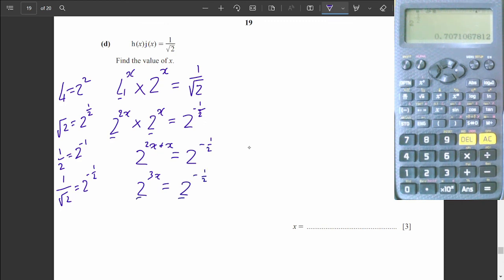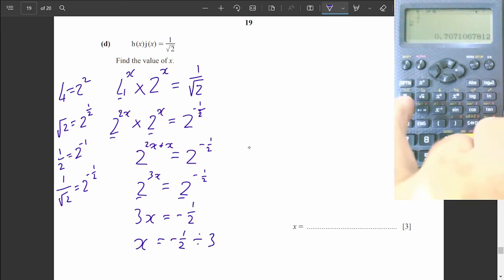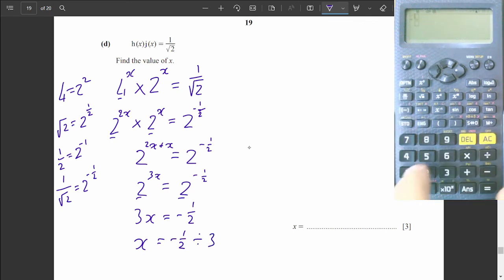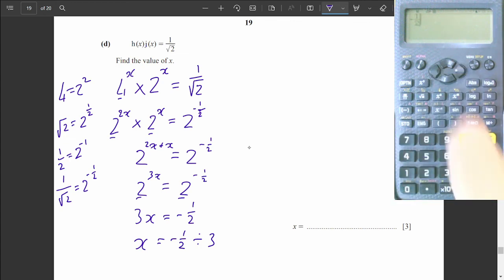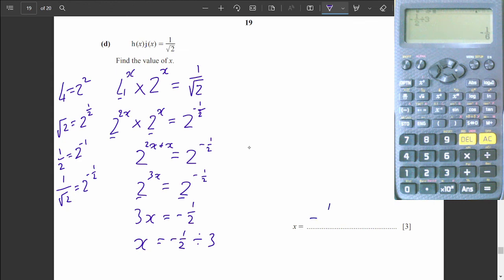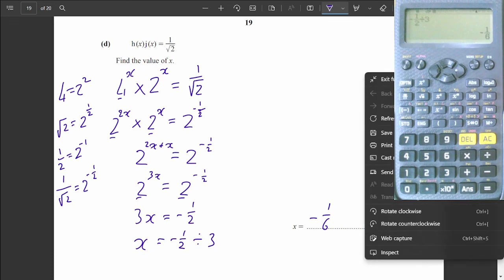Base numbers are the same, so we know 3x equals minus a half. So the next thing to do is to divide by 3. Okay, if you're unsure what that could possibly be, just hammer it into your calculator and we get the answer minus 1/6, which is correct. And you've done it. Well done.